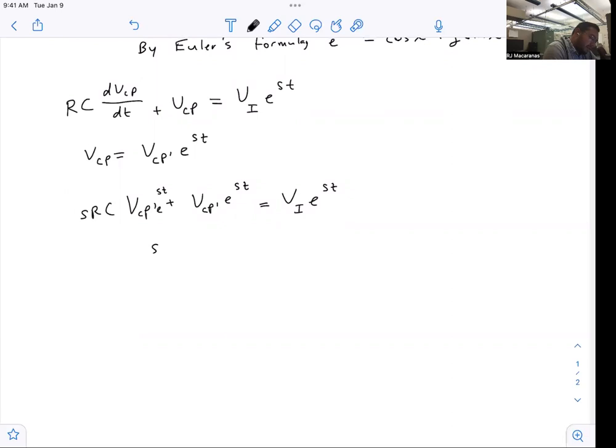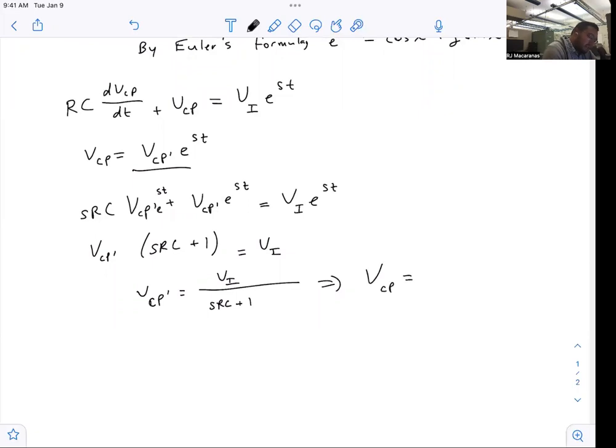So what we're left with is sRC plus 1 times this Vcp prime is equal to Vi, which gives us then that Vcp prime is Vi divided by sRC plus 1. So we plug that back in to give us our Vcp is Vi over sRC plus 1 scaled by e to the st.